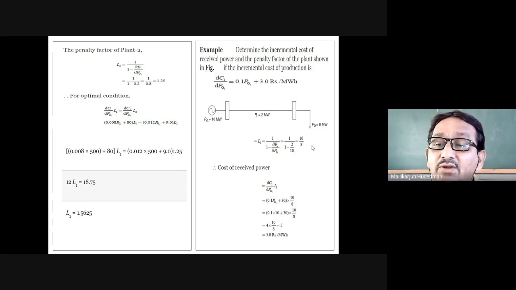For economic loading, incremental fuel cost into penalty factor should be the same. In that context, the approximate penalty factor issue has come. That has led to an analysis of how costly it is, what the cost of power received at the load side is. So this problem comes to penalty factor and the approximate penalty factor concept of representation.